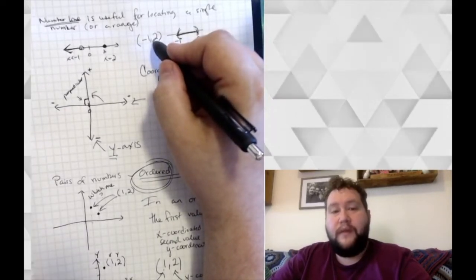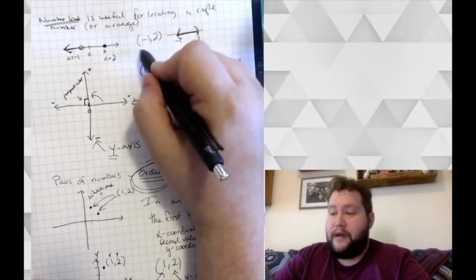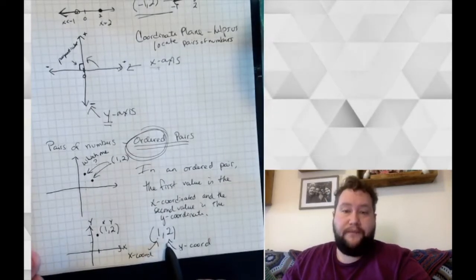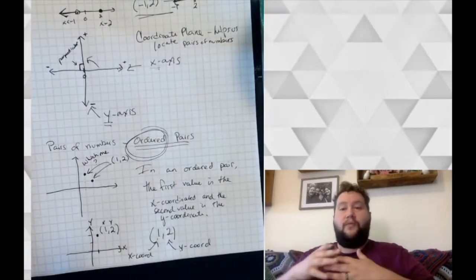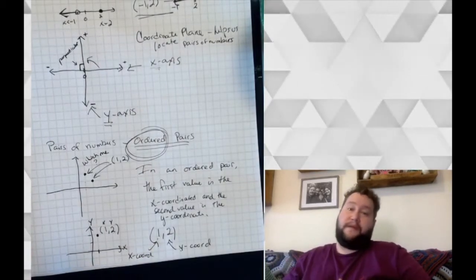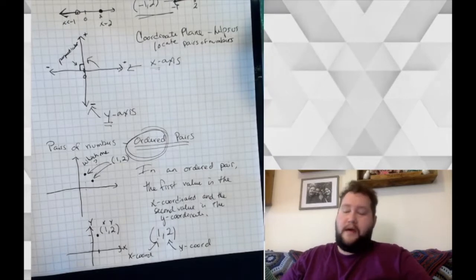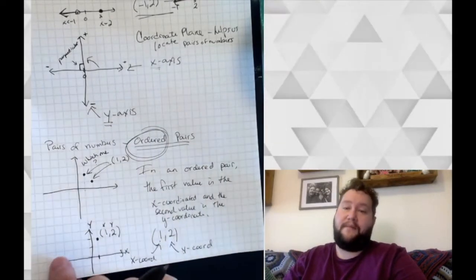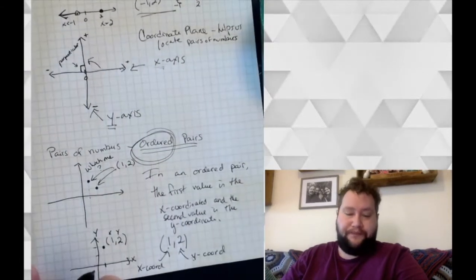So it's important that we know whether we're talking about an inequality or an ordered pair. To keep things simple, when we're talking about ordered pairs, we're only going to be talking about ordered pairs, and we won't be moving back and forth, because it has the same notation.